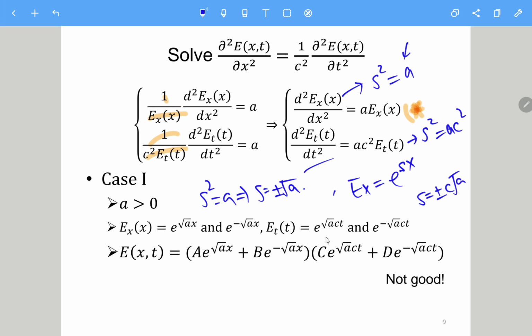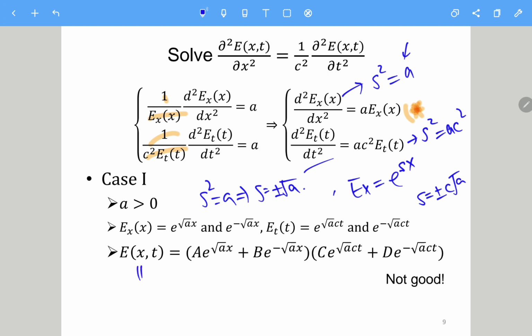So T will have the solution e to the square root of a c t, because this is a function of time, and then e to the negative square root of a c t here. Okay, in this case, we have the solution.